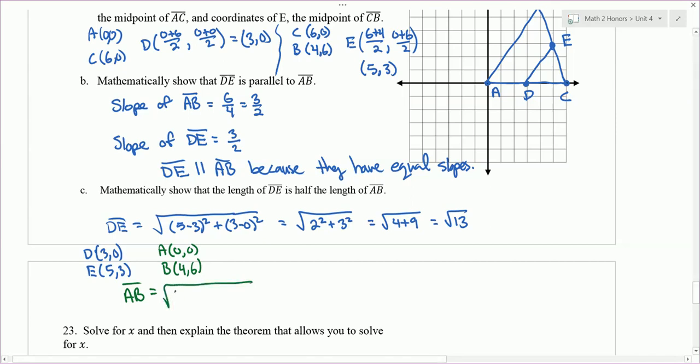The square root of 4 minus 0 squared plus 6 minus 0 squared. It's the square root of 4 squared plus 6 squared, which is the square root of 16 plus 36. 16 plus 36 is 52.